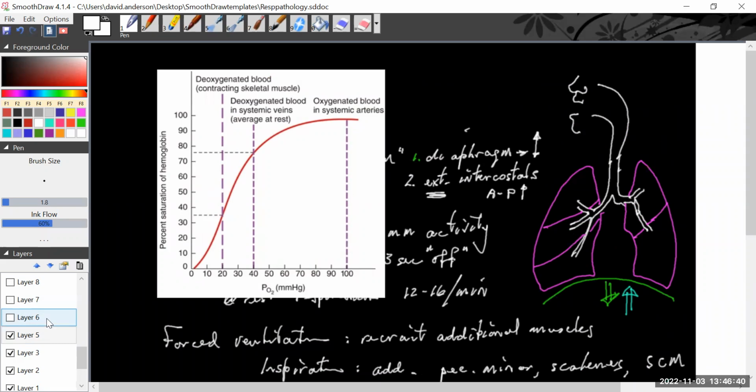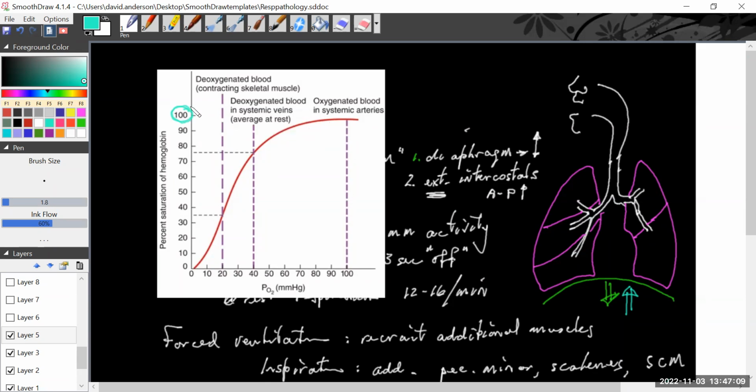And when we have complete saturation, if you look at the hemoglobin going up the side, that occurs around a PO2, in other words arterial blood, of around 80 or so. A PO2 of 80 to 100 is a pretty flat curve, and it's pretty close to 100%.